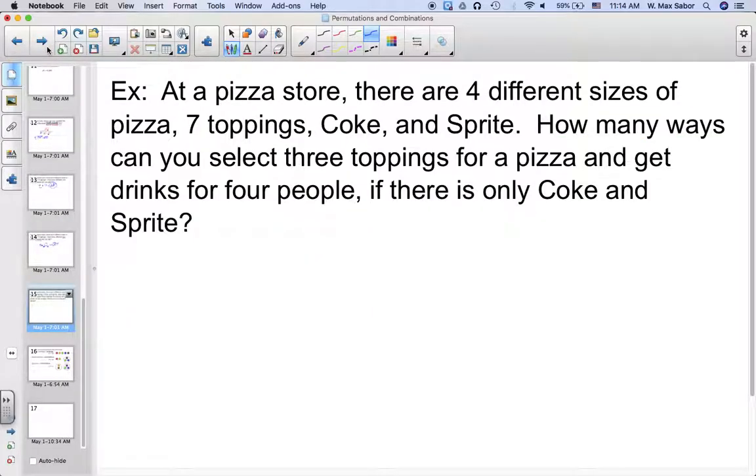Now let's say we're choosing 4 different sizes of pizza, 7 toppings, Coke, and Sprite. How many ways can you select 3 toppings for a pizza and get drinks for 4 people? So there are 4 choices for the sizes of pizza. For the toppings, we are making 3 choices out of the 7.